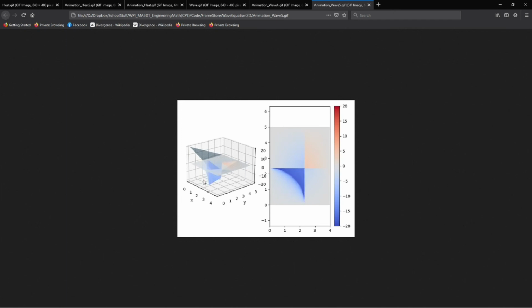And you can really see, because of the discontinuity here, the problem with Gibbs phenomena going on at the boundaries of these discontinuous portions of the wave. But the general behavior of the wave is very consistent with the wave equation, just like before.